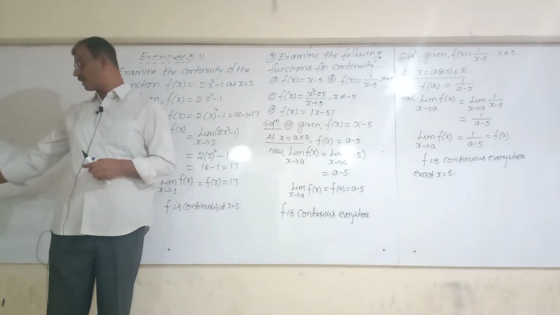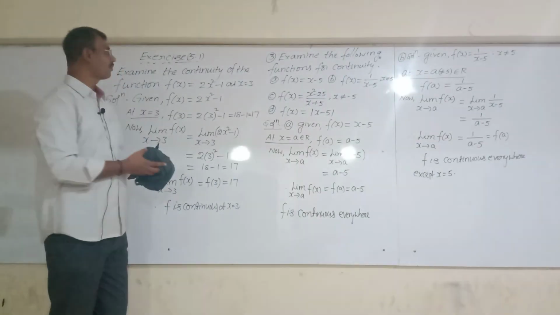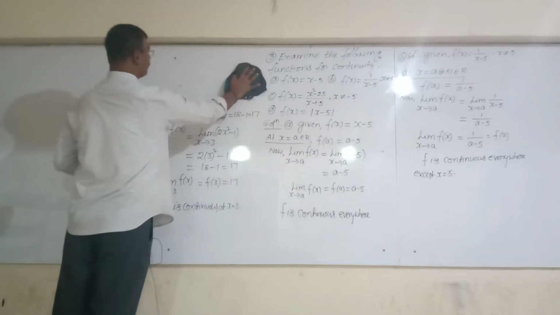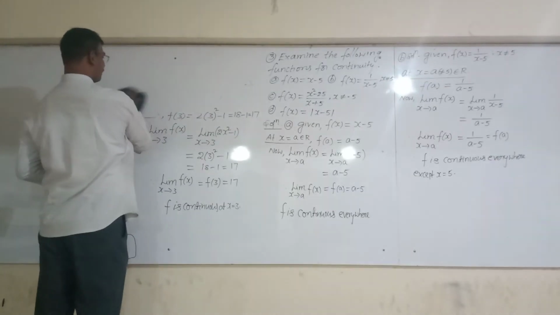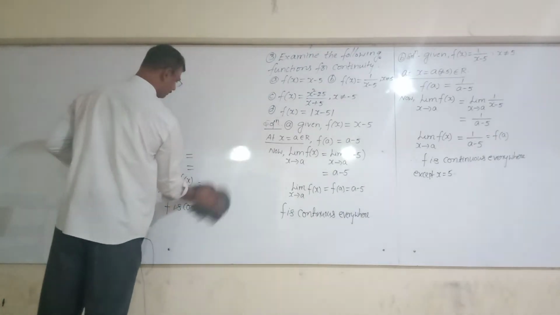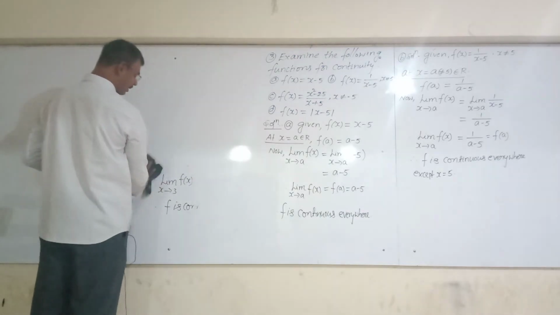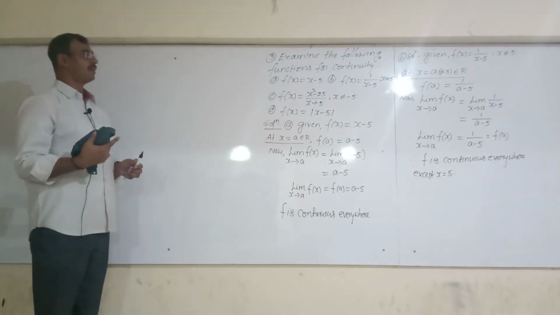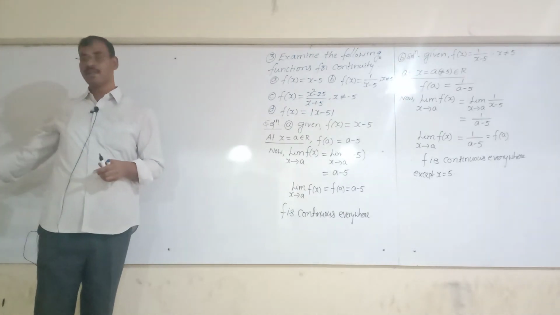f of x is equal to x square minus 25 upon x plus 5. Here also x does not equal minus 5.